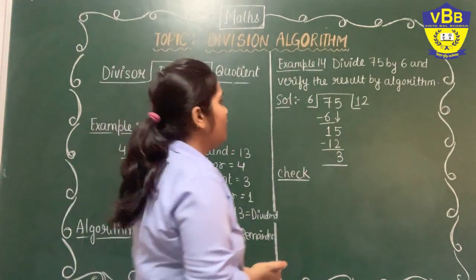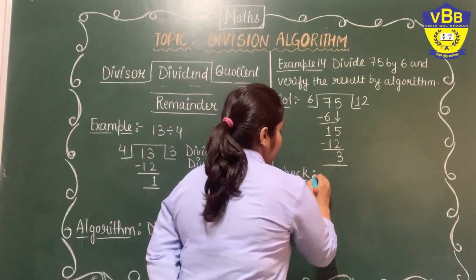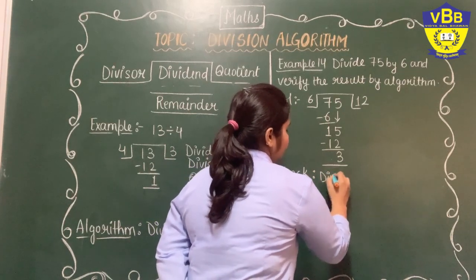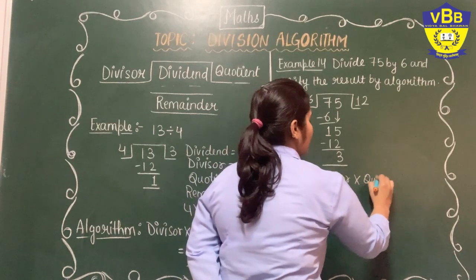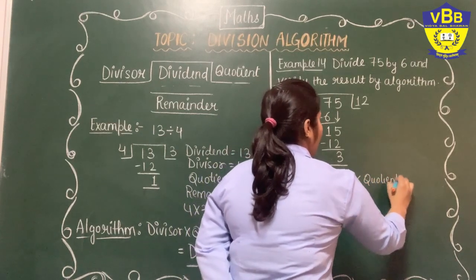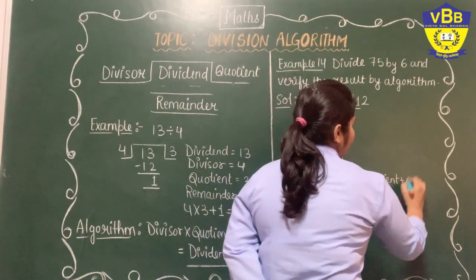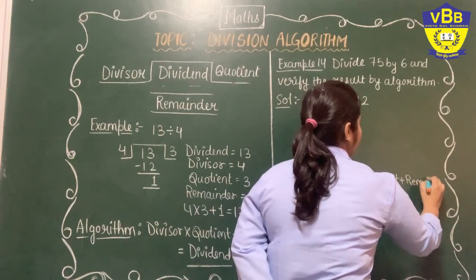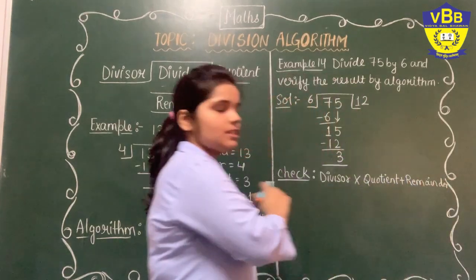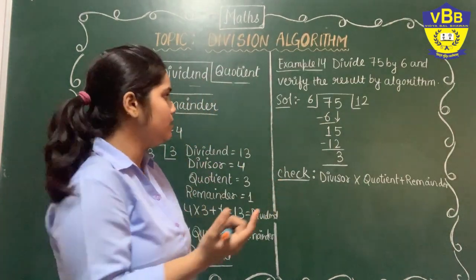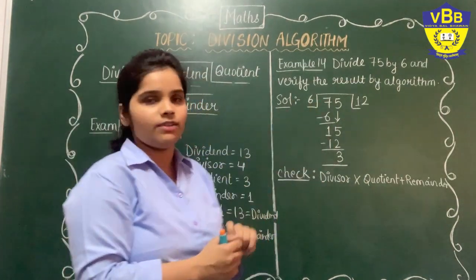We will multiply the divisor with the quotient and then add the remainder to the product, and check if this comes equal to the dividend, that is 75.